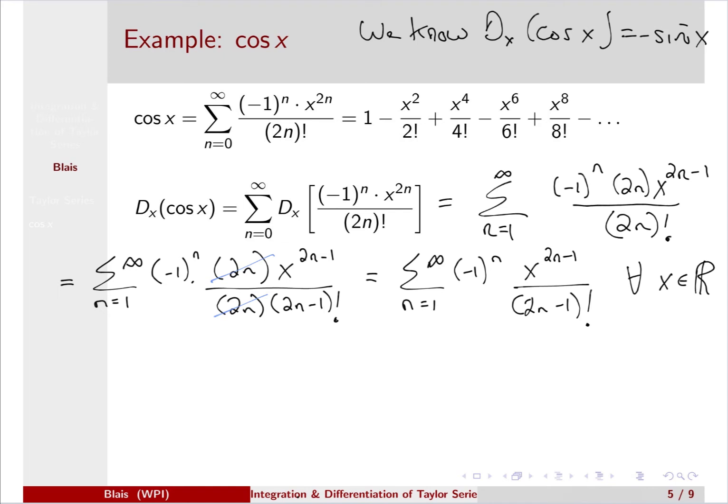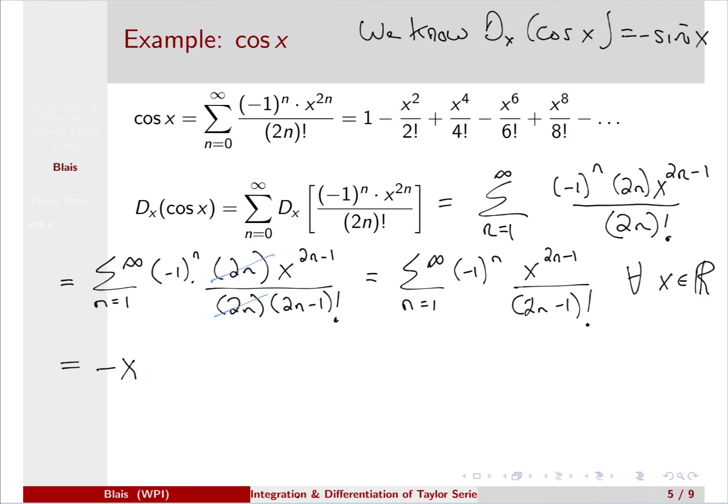Let's actually look and see what we have here. Let's look at the terms. So when n equals 1, we get negative 1 to the 1, x to the 2 times 1 minus 1, or x, over 2 times 1, or 2, minus 1, over 1 factorial. So we have a negative x.